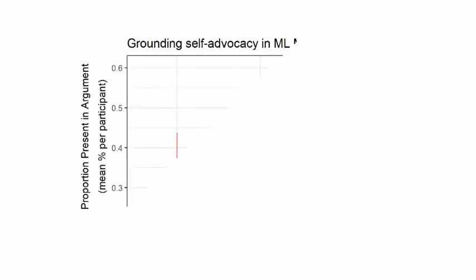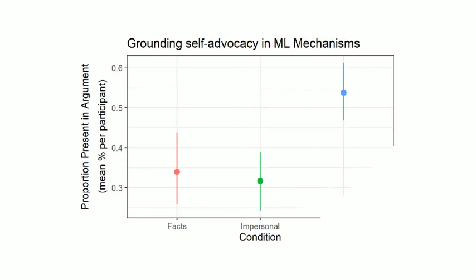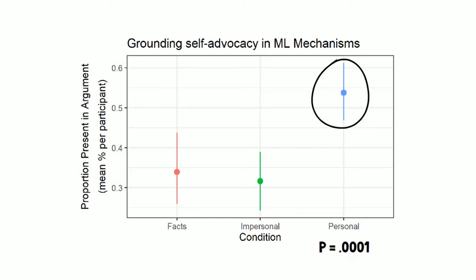On average, learners in the personal condition used more of the mechanisms of machine learning in their letters. This would be pretty good for self-advocacy arguments, which need good articulation of the problem and understanding of the inner workings of the harmful system. And this, of course, is the big result, which you are totally going to read about in the paper, right?